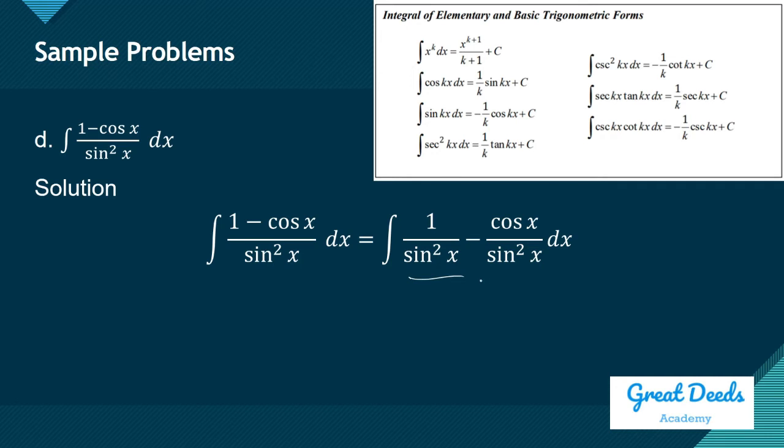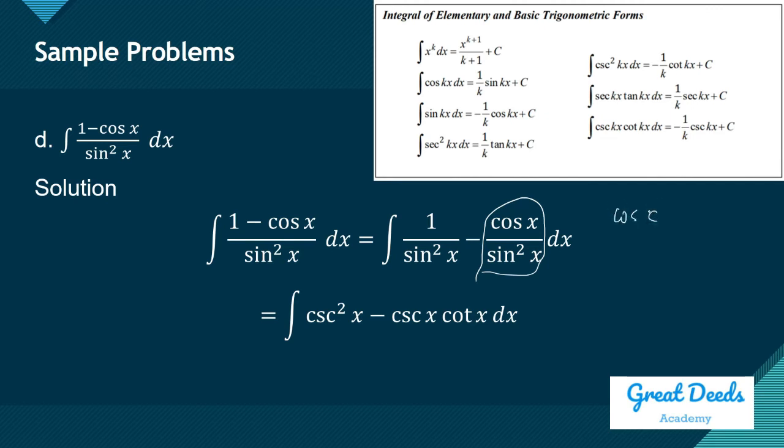But what about this? Okay, let us see. Now, how did this function become cosecant of x times cotangent of x? Well, cosine of x over the square of sine of x, you can write this as 1 over sine times cosine of x divided by sine of x. Okay? And so this is cosecant of x times, and this now is cotangent of x.